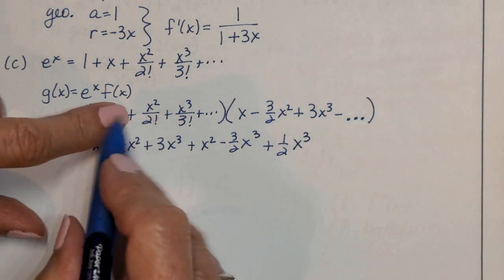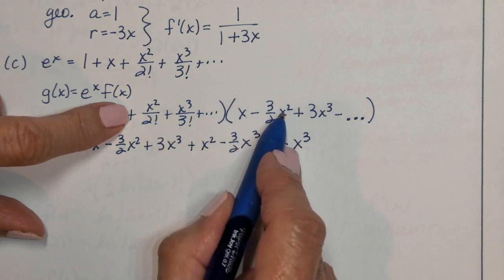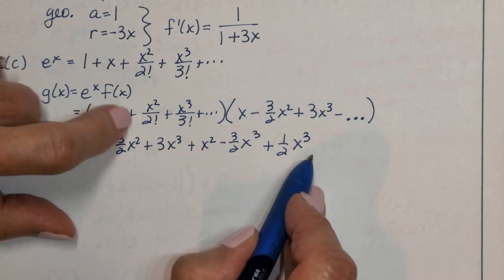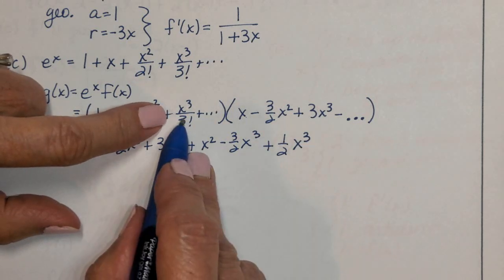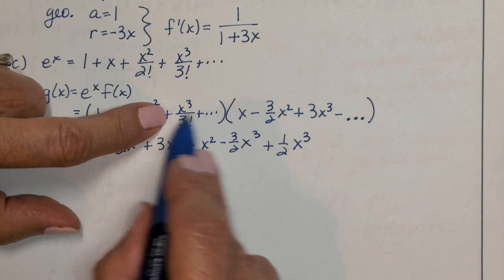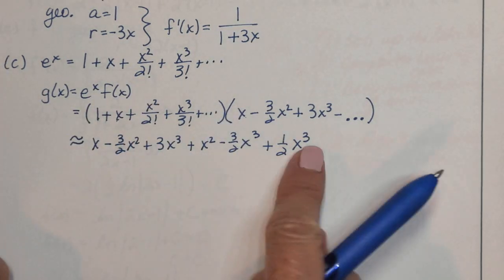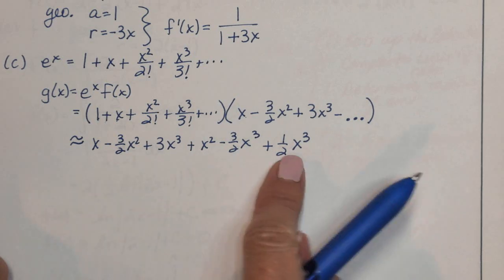If I went further, I would have fourth degree, so I'm not going to write it. If I go to this term here, as soon as I start to multiply, I get a fourth degree term, so I'm not going to write it. So these are my only terms.